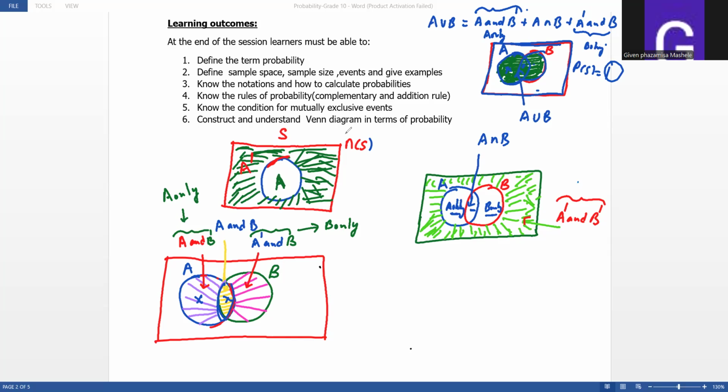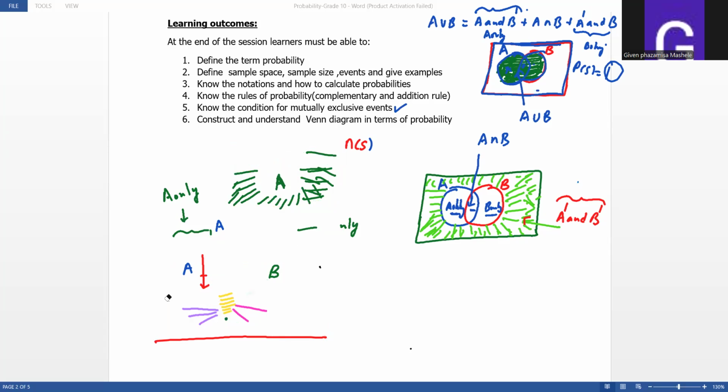And the last one is the issue of mutually exclusive events. This is very important actually in the paper, guys. Okay, let me address the issue of mutually exclusive events.